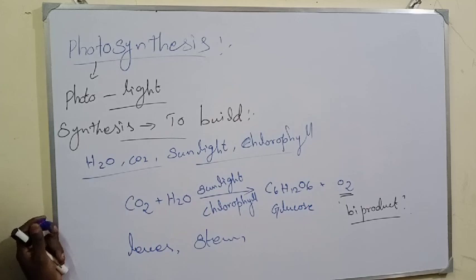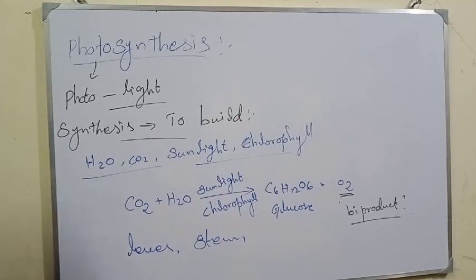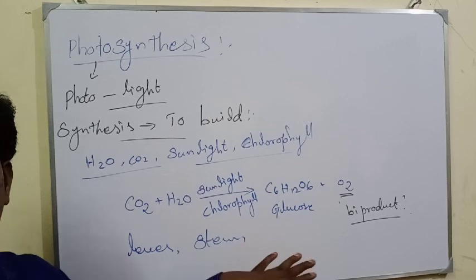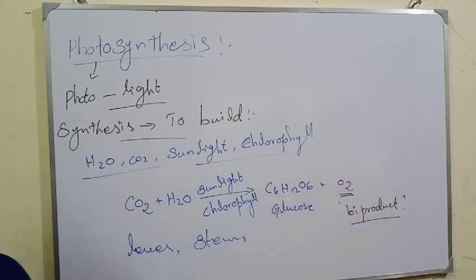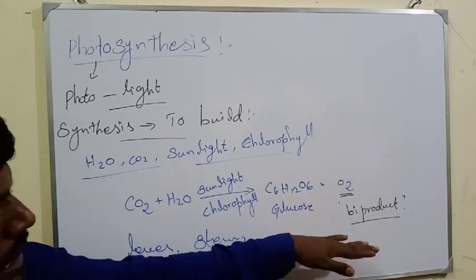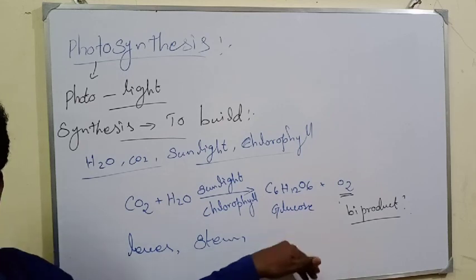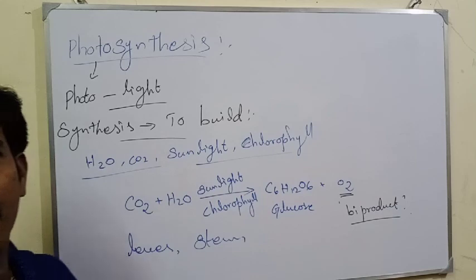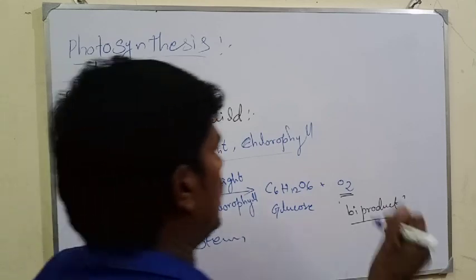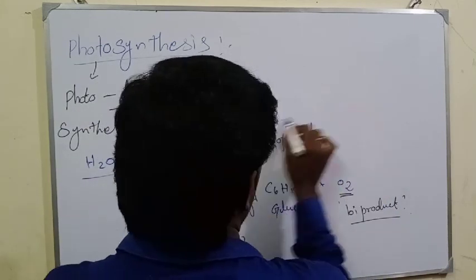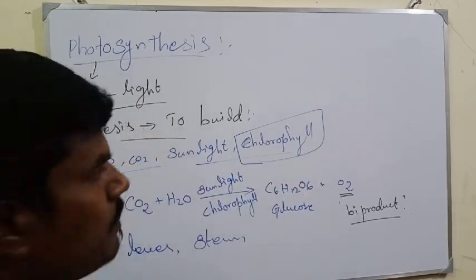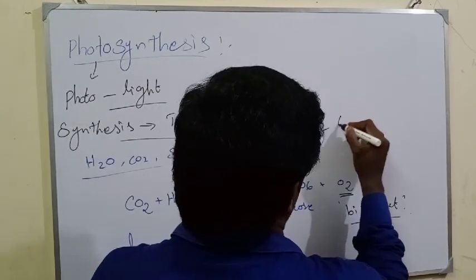And then, photosynthetic pigment. What are the pigments present in photosynthesis? To complete the process of photosynthesis, we first need the pigments. They are the primary pigment and secondary pigment. You know the chlorophyll. This chlorophyll is the responsibility of the chloroplast.